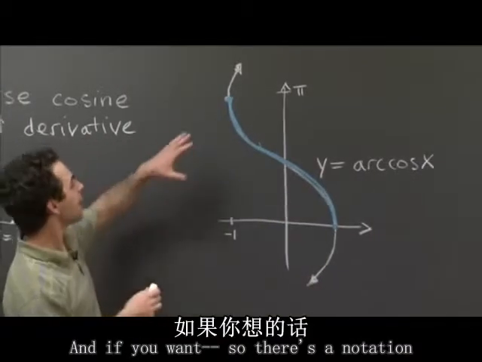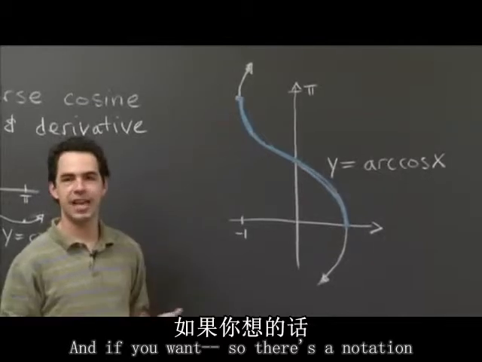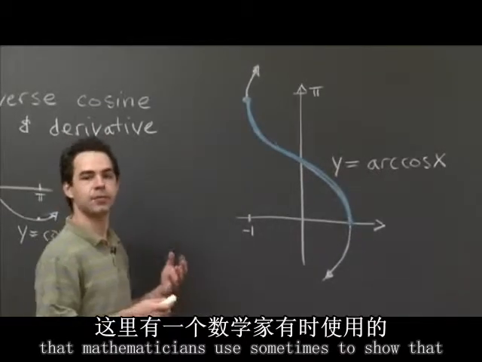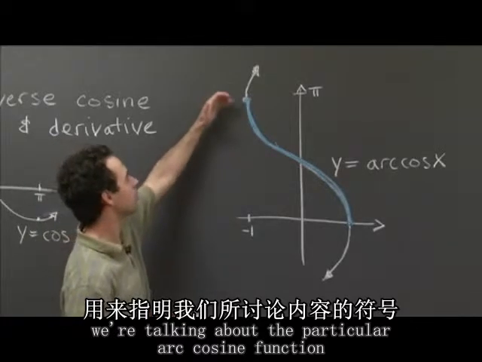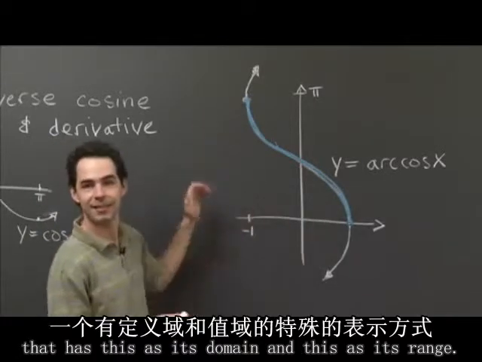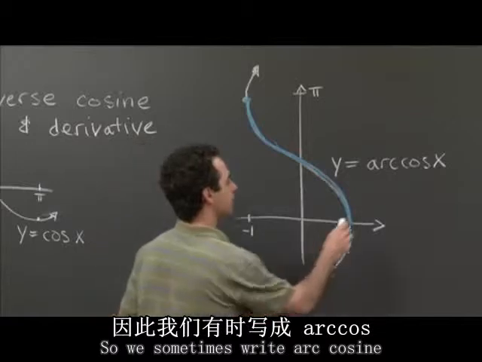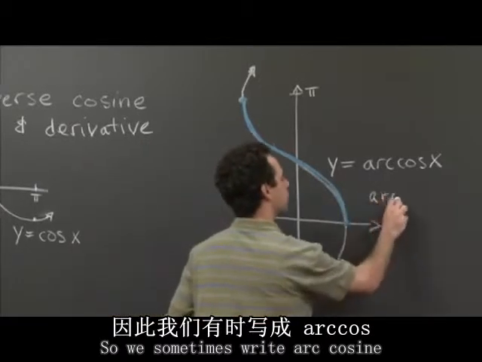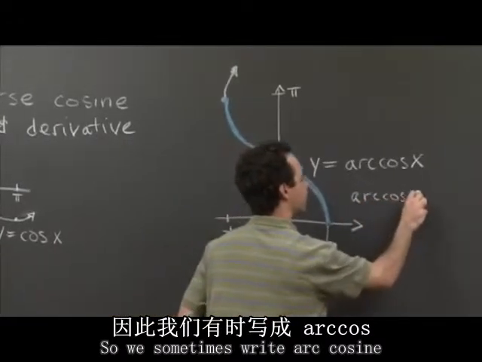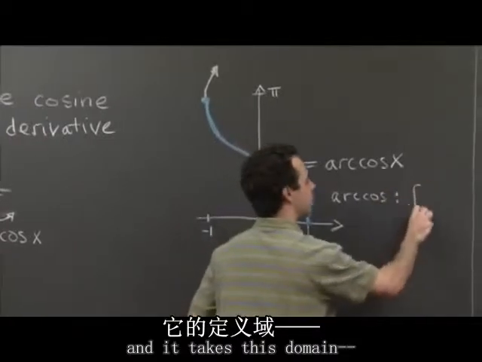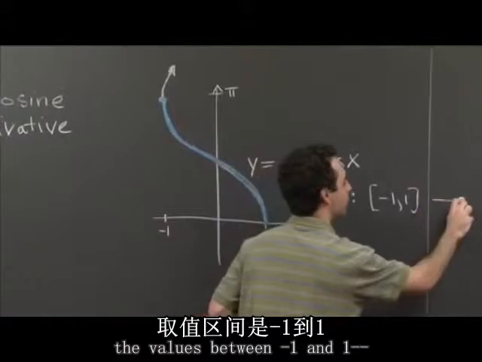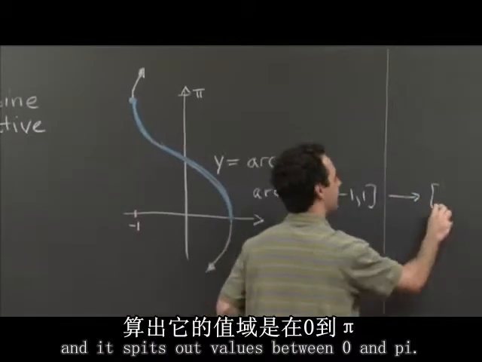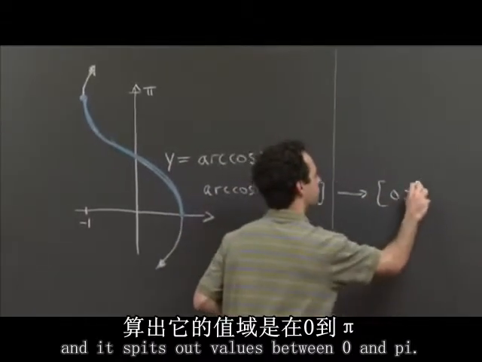There's a notation that mathematicians use sometimes to show that we're talking about the particular arc cosine function that has this as its domain and this is its range. So we sometimes write arc cosine, and it takes as its domain the values between -1 and 1, and it spits out values between 0 and pi.